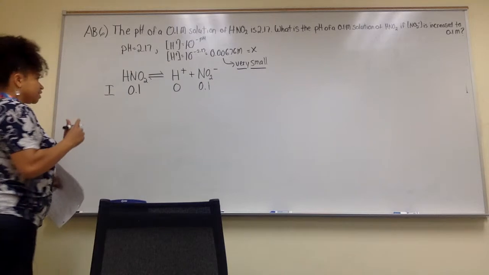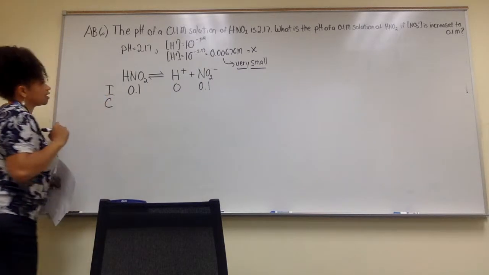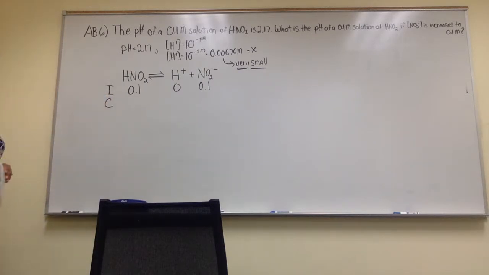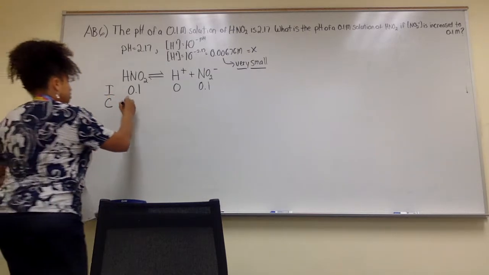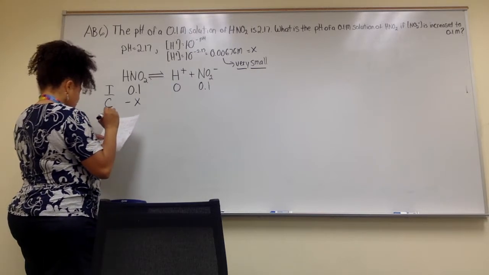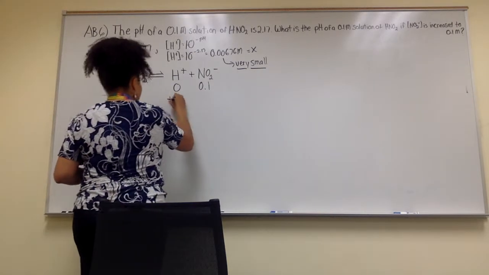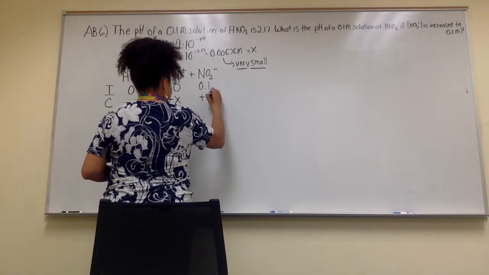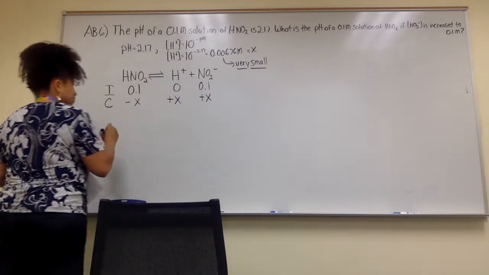All right? Now the change. Now we're going to look at the percent dissociation. I know we said we weren't considering it before, but we are now. Minus X, plus X and plus X. Just roll with me on this, okay?